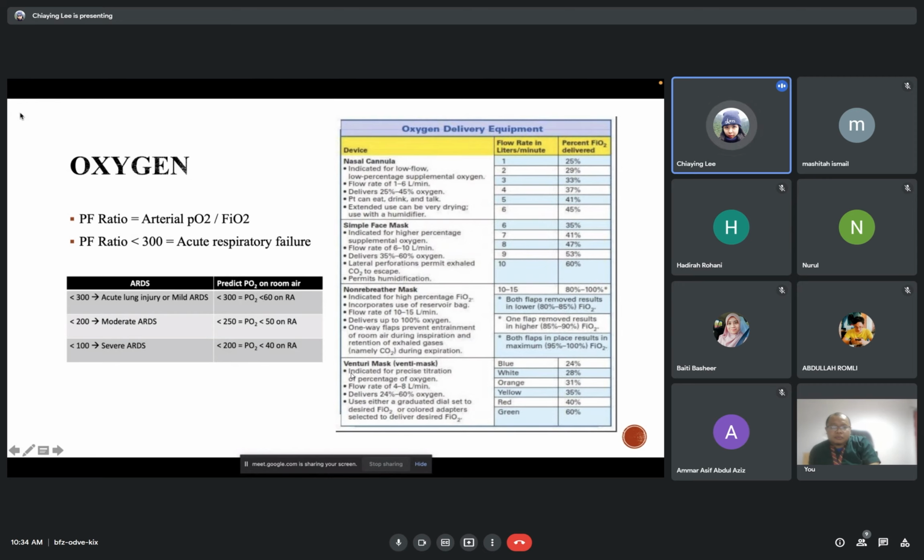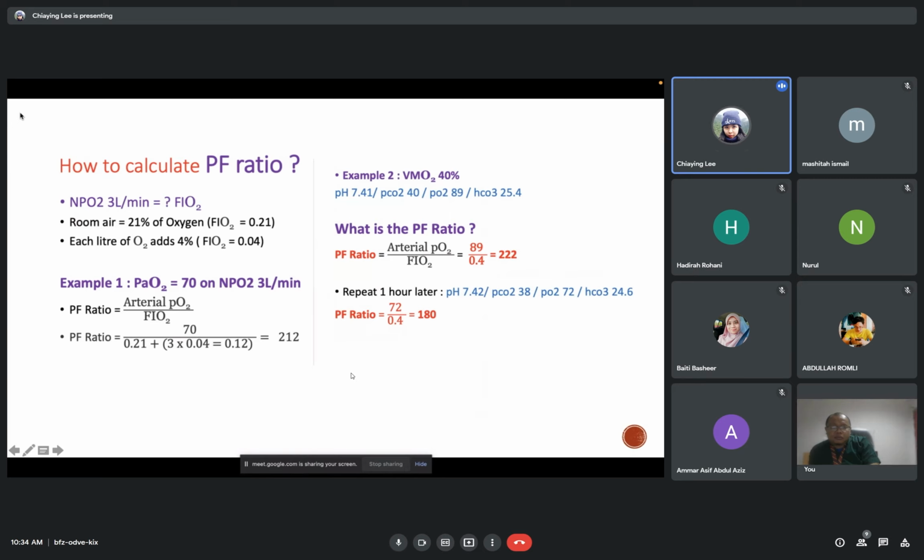Okay, so this is an example for you to calculate the PF ratio. Say the patient is on 3 liters of nasal prong. We take room air as 21% oxygen, which is 0.21 FiO2.